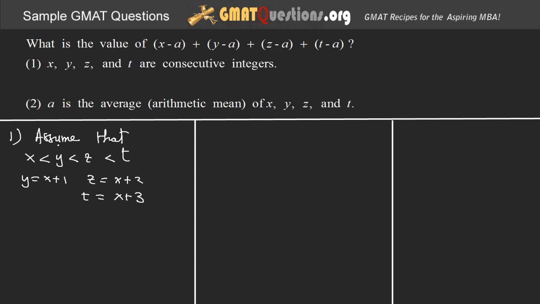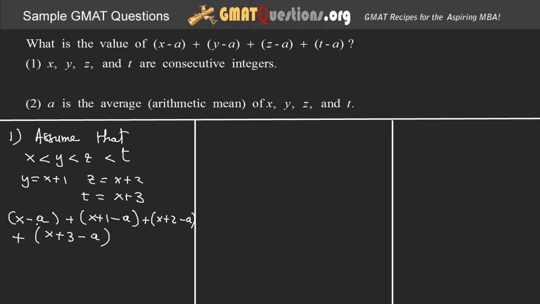But then what do we have? We have x minus a. The formula is going to give us x minus a plus x plus 1 minus a plus x plus 2 minus a plus x plus 3 minus a.